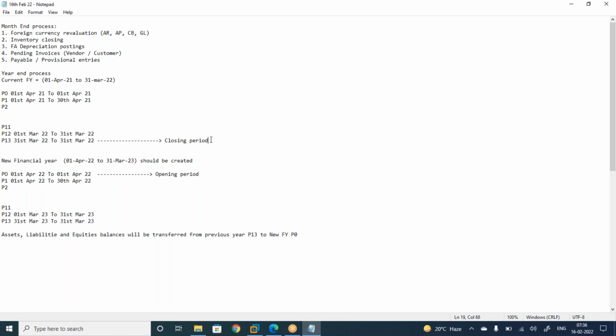So the last closing period balances, I mean the sum of the balances, will be transferred from period 13 of the previous year to period 0 of the new financial year.